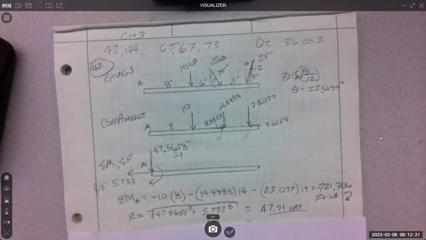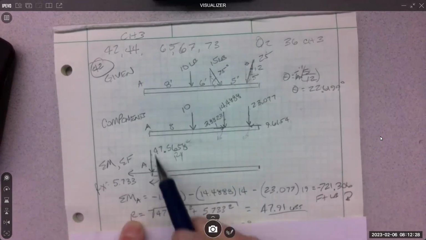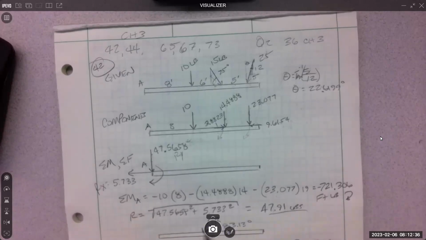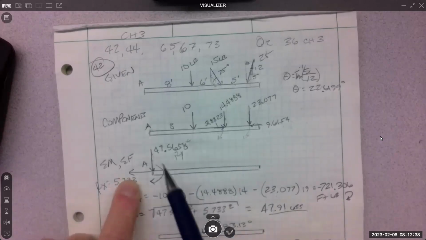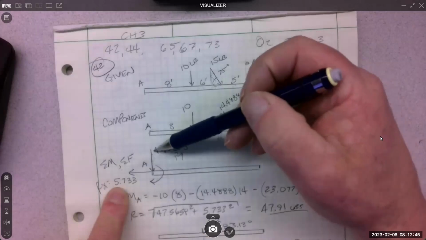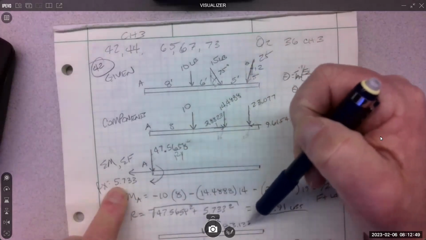Then we just Pythagorean theorem out the R, because we have the two rectangular components of the resultant. 47.91. That doesn't tell me the angle. I still need the angle because it works at an angle, since we have an X and a Y. It's kind of steep. This is small, 5.7, this is large, 47, so it's going to be pretty steep, and it was 83.13.